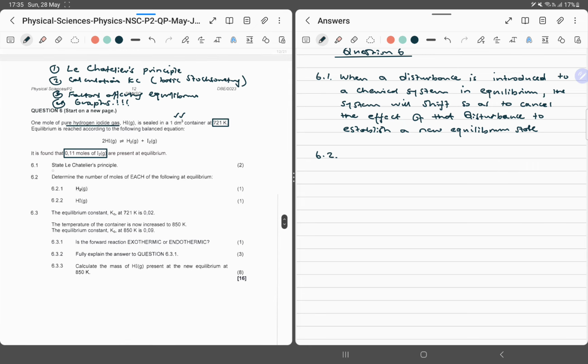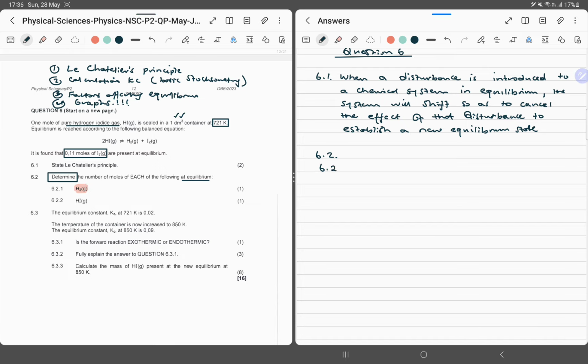The story says now, determine, of course, a determination you know already from paper 1 maths, can be by calculation, by inspection, whatsoever. So let's see, determine the number of moles of each of the following at equilibrium. Okay, now the hydrogen gas. Hydrogen gas is one of the products. So if it is the product, obviously, we know that this is a 1-to-1 ratio, so the number of moles should be the same, right?